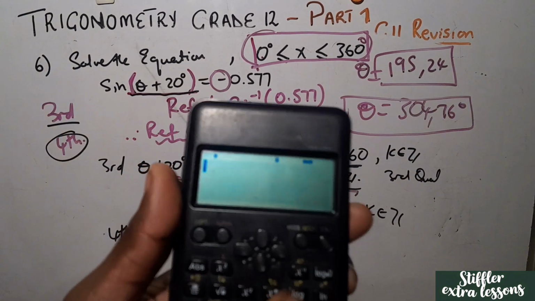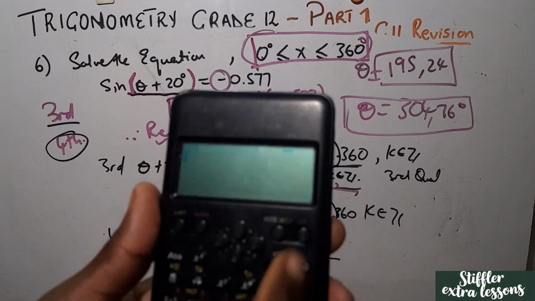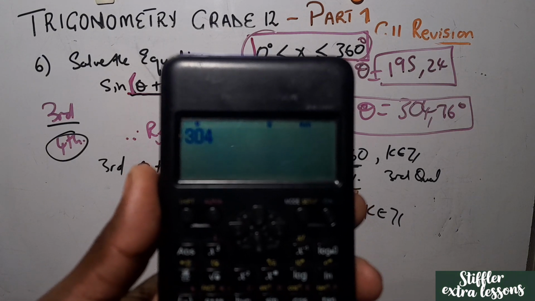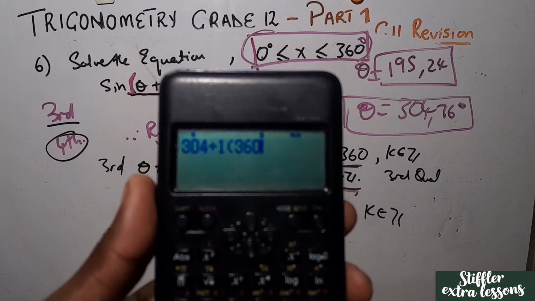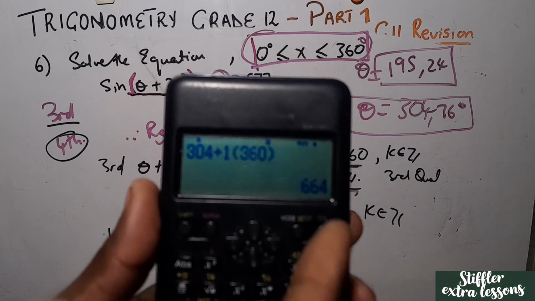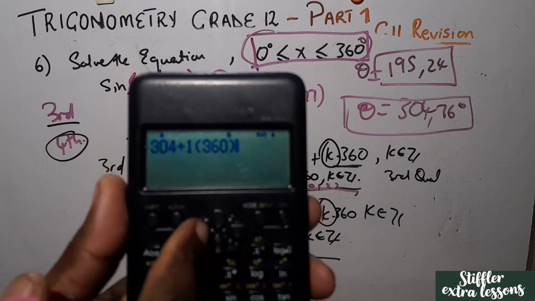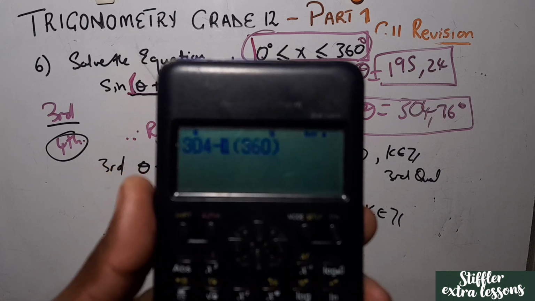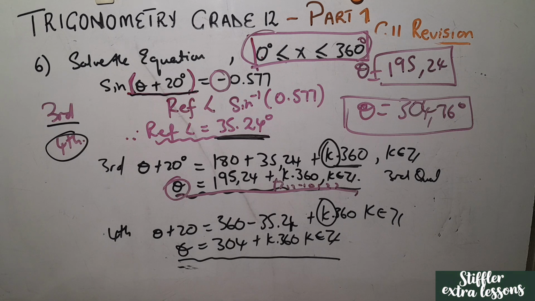So also, if you substitute k as 1, multiplying it by 360, you find your value is way past 360, our restriction. And if I substitute -1, it will also be way past in the negatives. So now we have solved the equation like that.